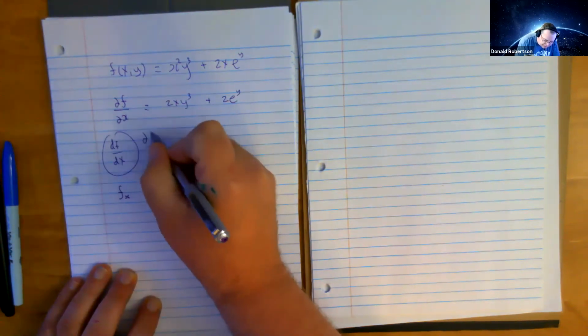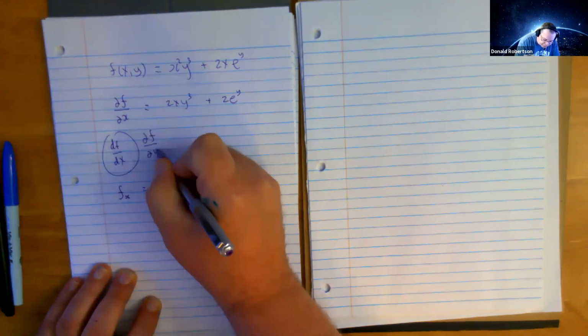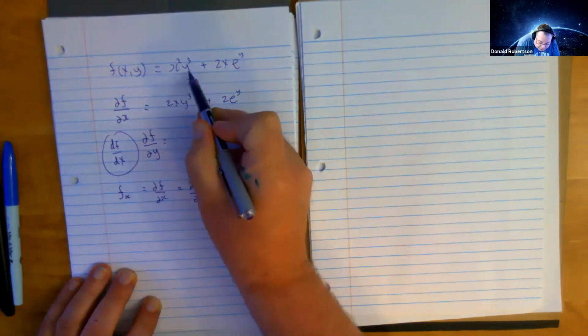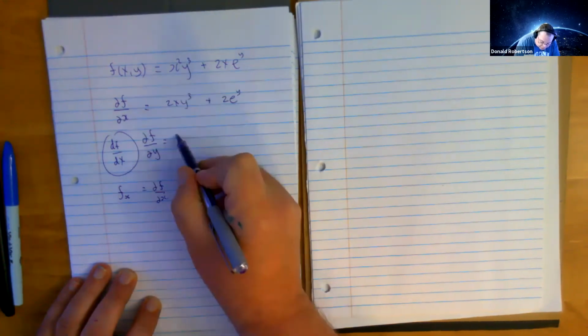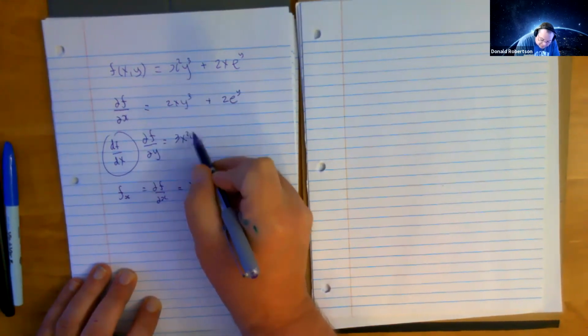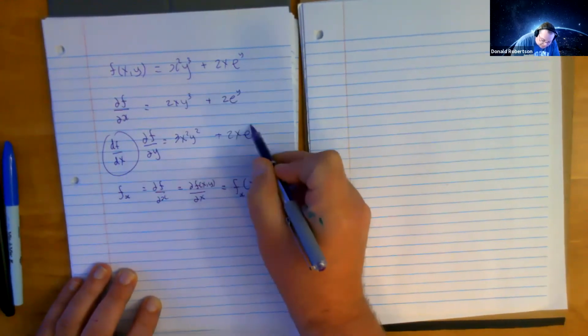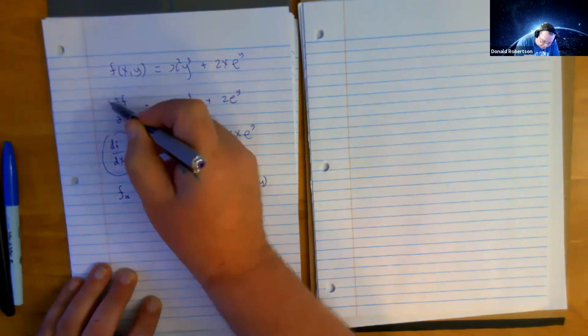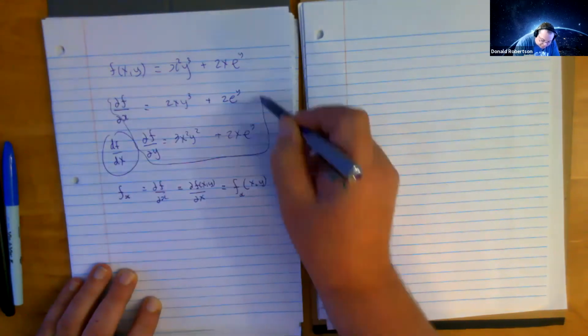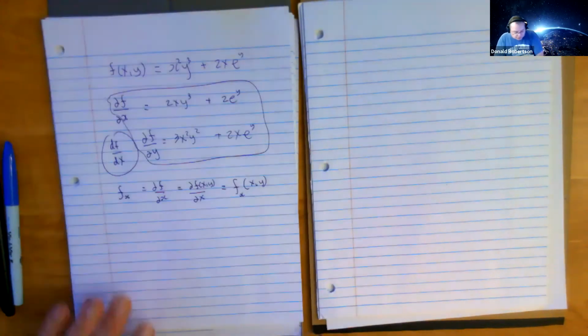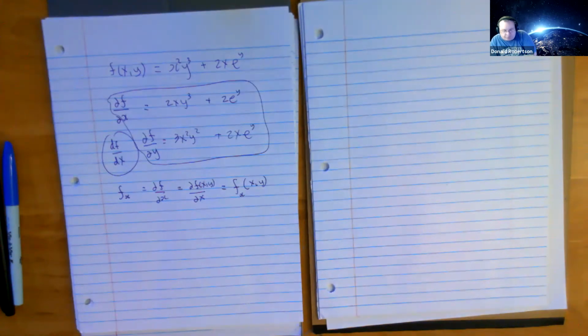Now, if you change the game, I might as well do this now, put it here. If you do a partial derivative with respect to y, this fella gets you 3y squared, but the x squared is still there. And this guy gets you e to the y. I guess this is an obvious property, at least to me, and hopefully to you. There is no reason in the world that the partial derivative with respect to x should be the same expression as the partial derivative with respect to y.